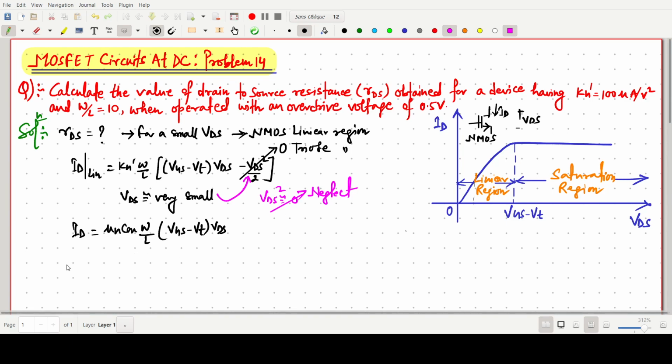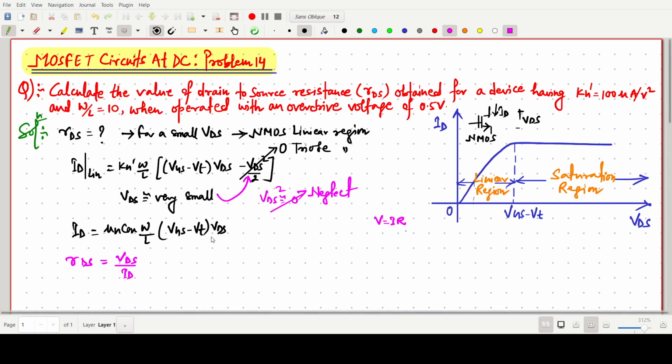Now we have to find the RDS. Basically V equals IR, a simple formula, so R is V by I. So RDS can be written as VDS by ID.